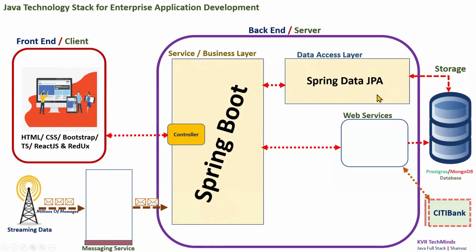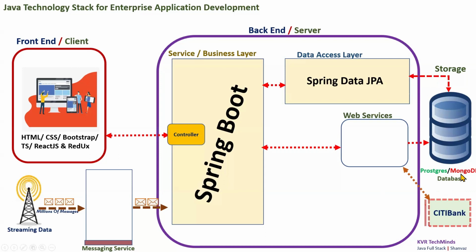For storing data in the database, we will be using Postgres or MongoDB. Postgres is a SQL database, and MongoDB is a NoSQL database. NoSQL databases are very powerful nowadays. So if you see this Mongo.